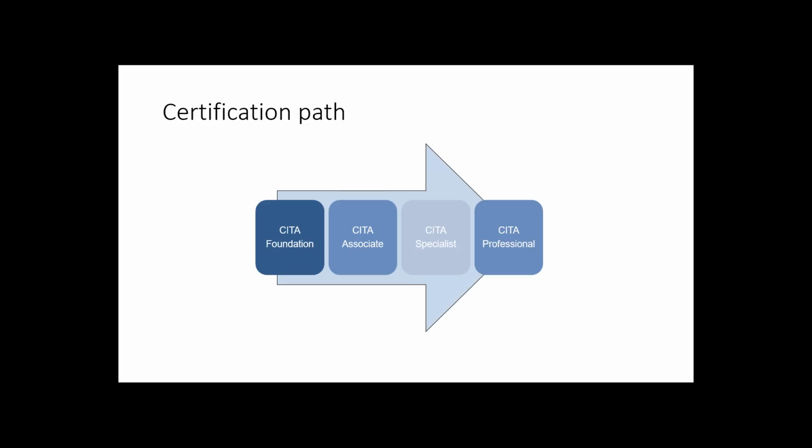So as far as the certification path is concerned, you have 4 levels of certification: CITA Foundation, CITA Associate, CITA Specialist, and CITA Professional. There used to be another certification called CITA M, CITA Master, but it was removed, I think, 2 years ago. It's no more being considered because that became almost like an untouchable aspect.